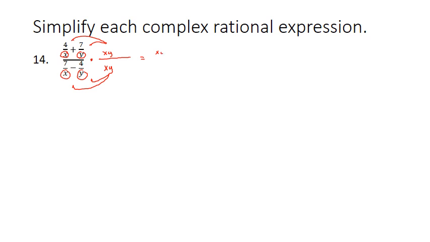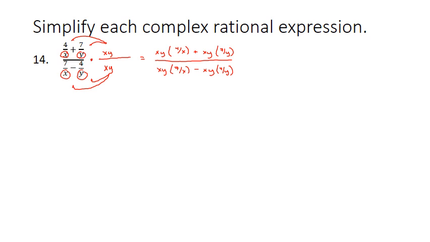That's going to be x times y times 4 over x plus x times y times 7 over y, divided by x times y times 7 over x minus x times y times 4 over y.